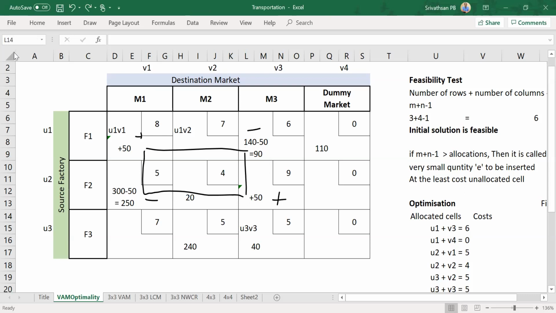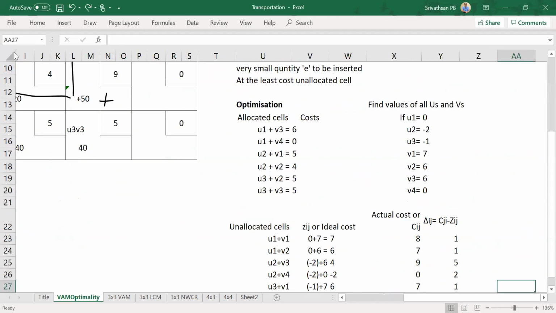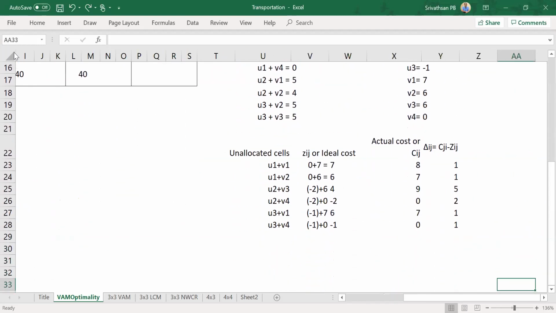We formed a loop. In one of the corners we added, the diagonally opposite corner we add, and on the other 2 edges we are subtracting. This is not required in this problem because our optimality test showed there is no opportunity, as all the values are positive.